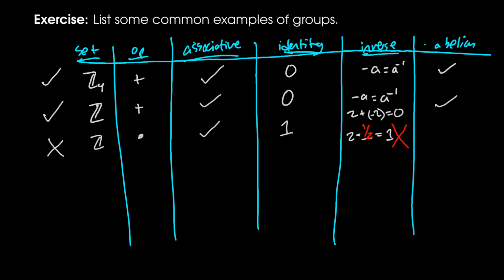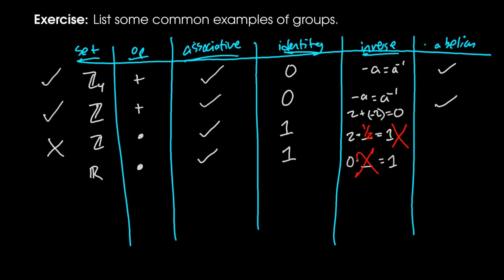Okay, well, what else could we do? Maybe we could do the real numbers with multiplication, because then we do get these inverses. So it's associative. We have an identity of 1. We do get inverses. Well, hold on now. There's one thing I have to worry about. What about 0? 0 times what gives me 1? Nothing.